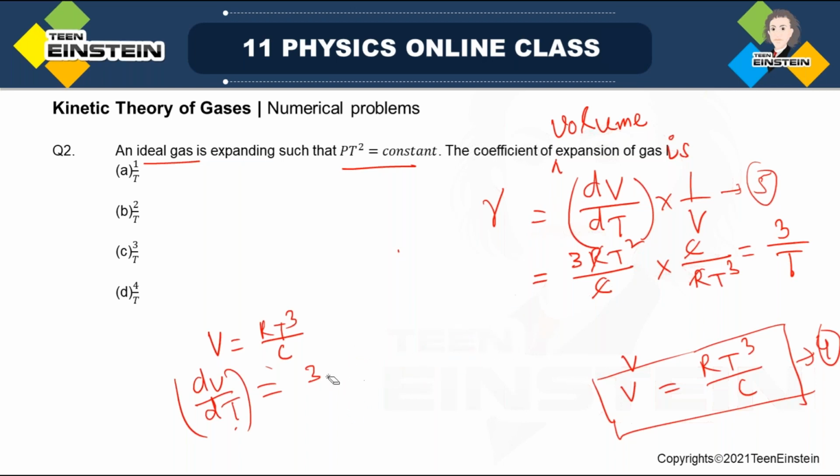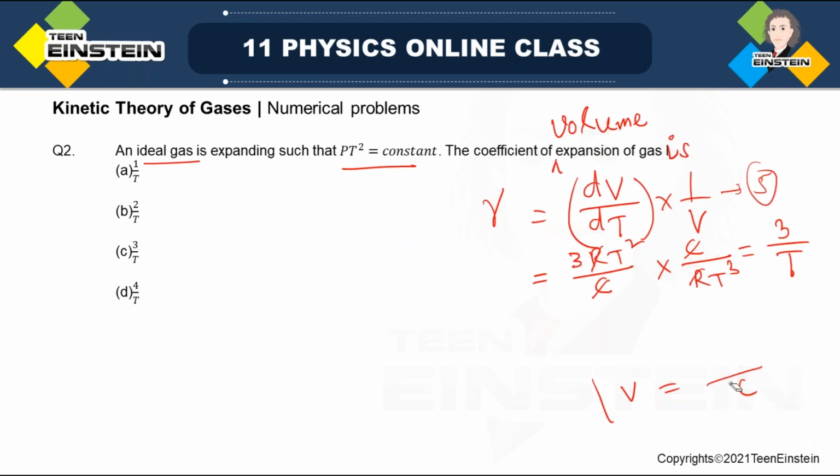So you have to read the question carefully and understand what has been asked in this problem. Here the problem was given that an ideal gas is expanding in such a way that the equation of state can be expressed as PT square is equal to constant. Now you have been asked to find out the coefficient of volume expansion of the gas.